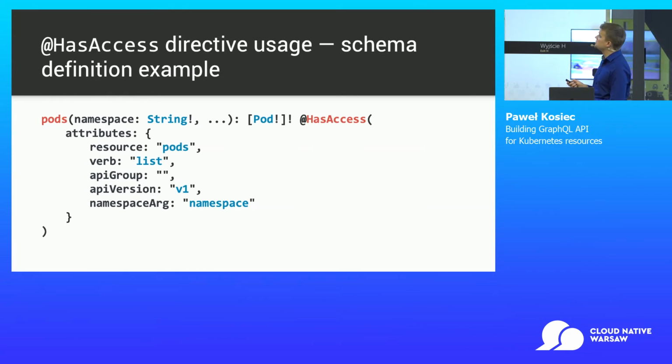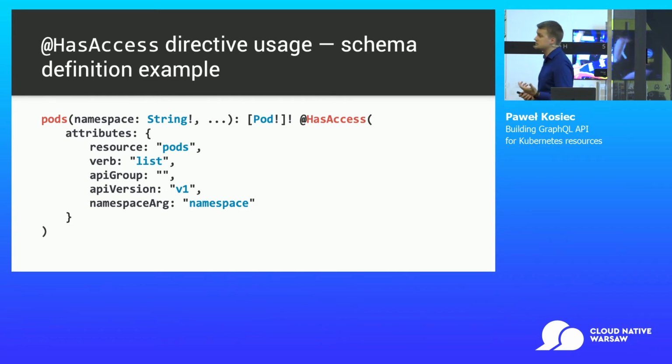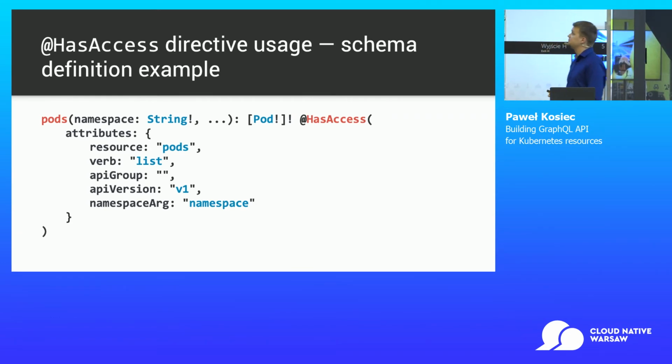We also have an additional parameter, namespace arg, which means this is the argument for the namespace. We need to see what the user is querying, and check whether the user has access to pods in the given namespace.